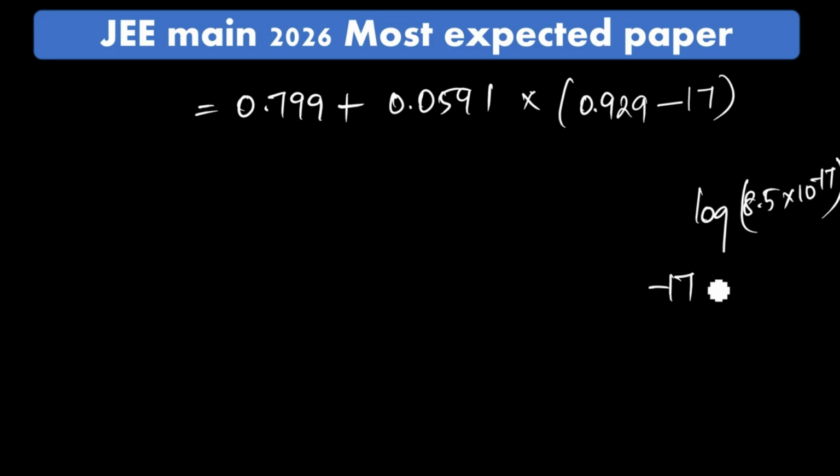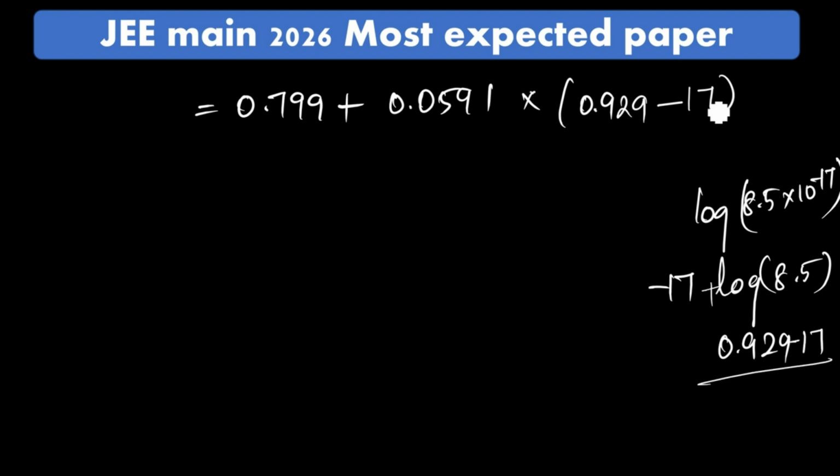So that minus 17 will come in front, and the remaining is log 8.5, which is 0.929. Totally, 0.929 minus 17 becomes minus 16.071.